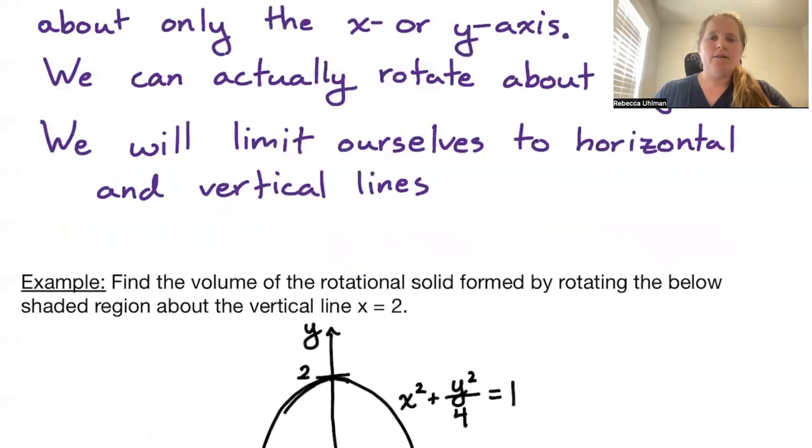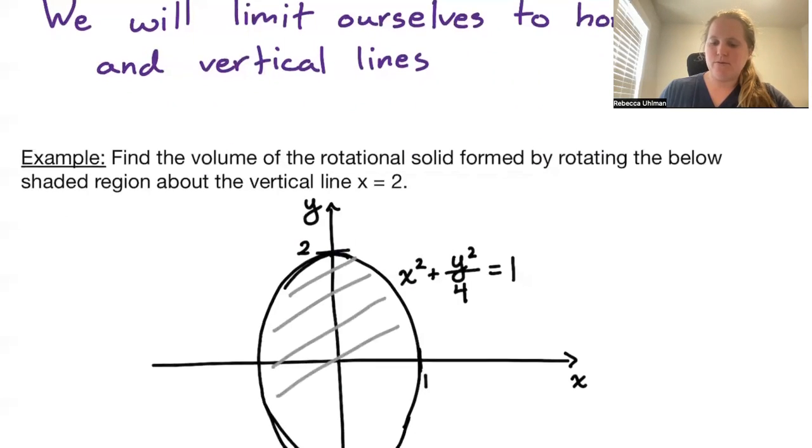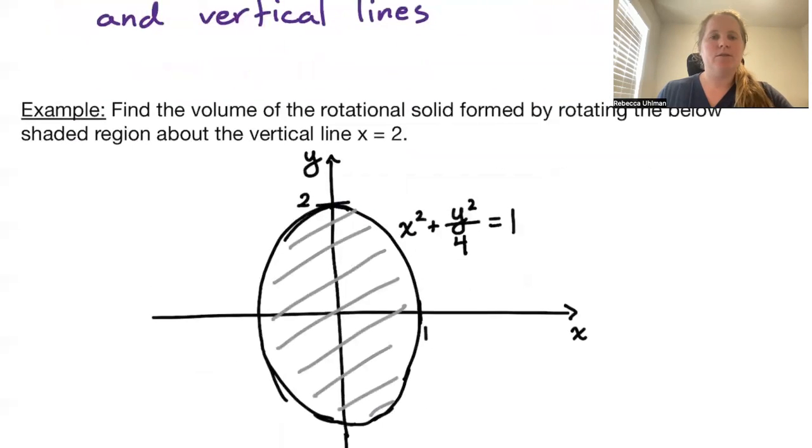So in this example, we're going to find the volume of the rotational solid formed by rotating the below shaded region about the vertical line x equals 2. So this shaded region is the region enclosed by the ellipse x squared plus y squared over 4 equals 1.